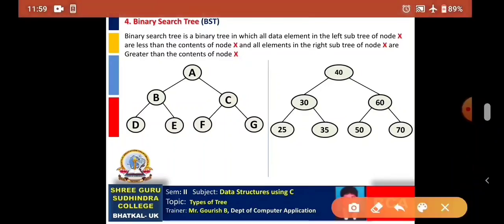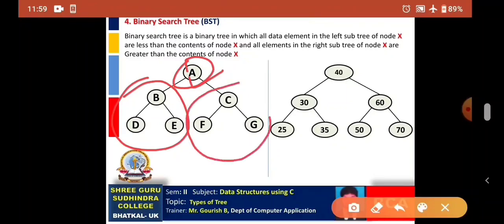For example, see here, this is a node A. The left subtree of this node A is this thing, the whole thing is the left subtree, right? This left subtree's node values or elements should be less than the value of A. And the right subtree is this one, right?